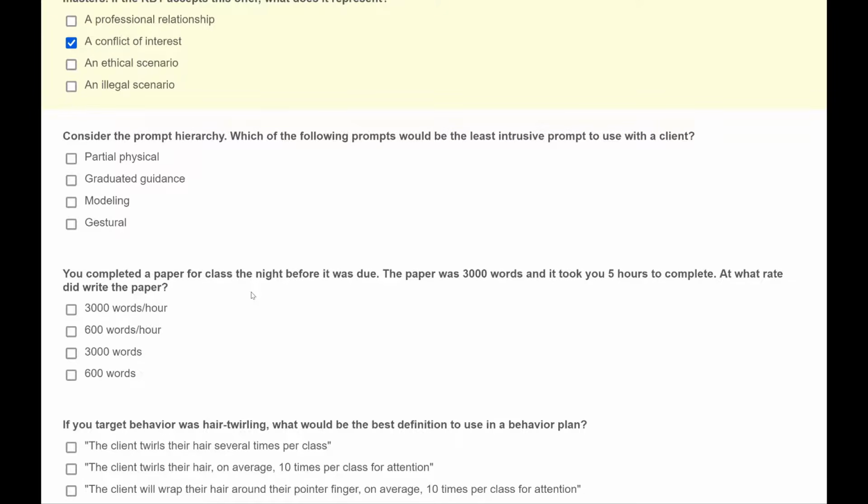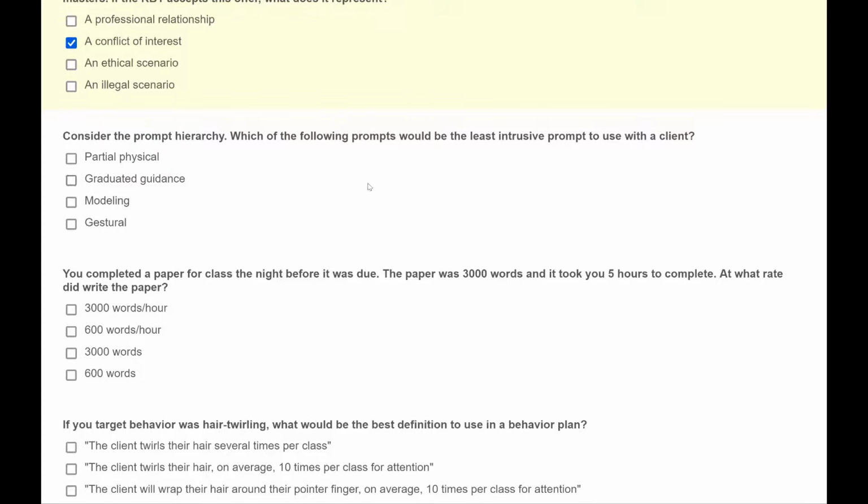So while it is true with graduated guidance, you are fading physical prompts extremely quickly and only using as necessary, you're still providing physical prompts. You're still providing a very intrusive prompt, okay, especially when you compare just a simple gestural prompt.